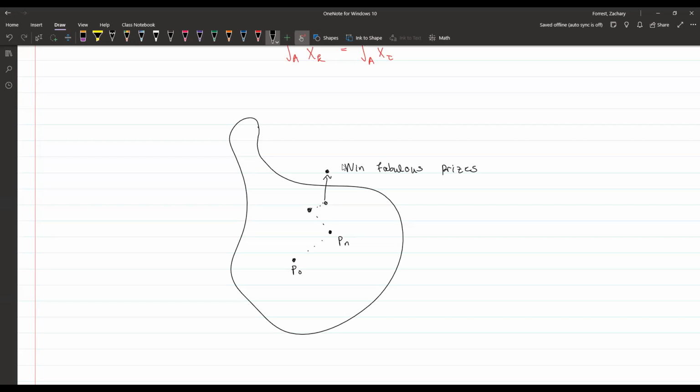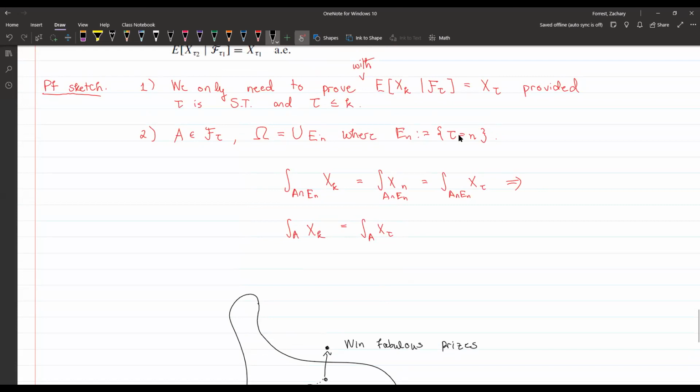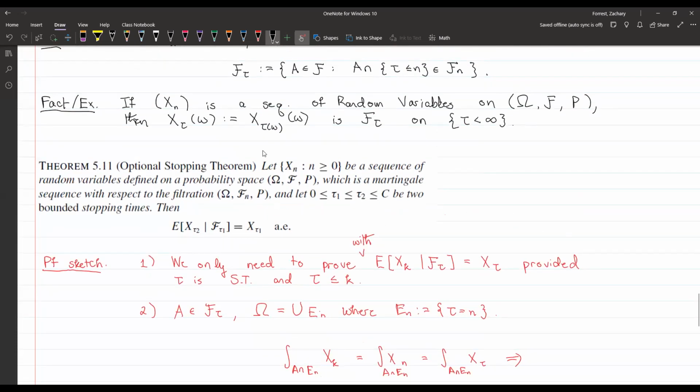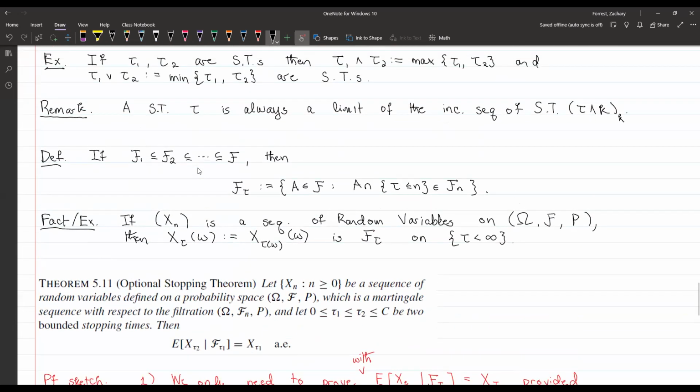And so we use this optional sampling theorem to say, because of the way we've done things, since we know the conditional expectation with respect to, and I'm going to go back just a second to our fact here, oh, I'm sorry, it was the remark up here.